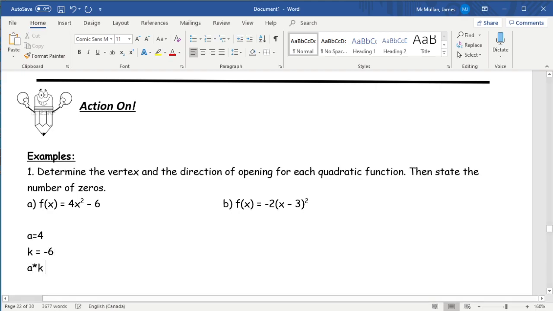A times k is a negative number. Opens up, vertex below. A times k is a negative number, and we have, therefore, 2 zeros.